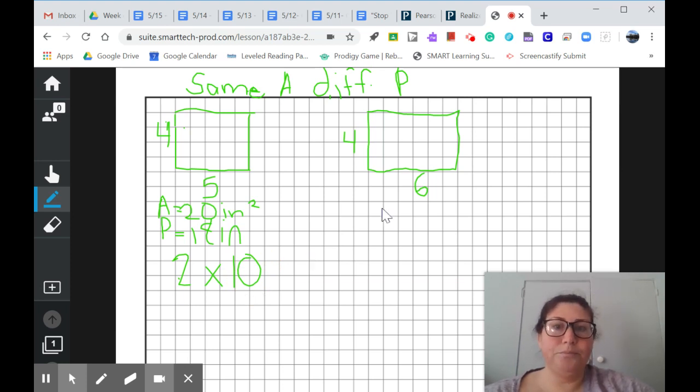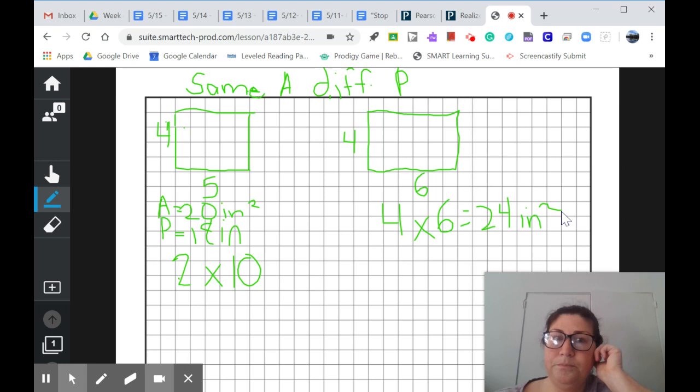This one over here, our math fact for our area would be 4 times 6, which would equal 24 inches squared. Then you're going to think of a fact that equals 24.